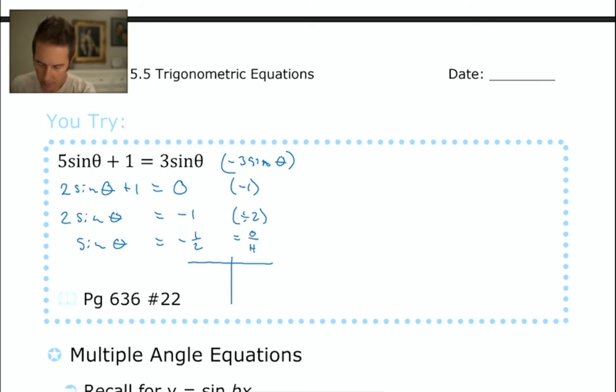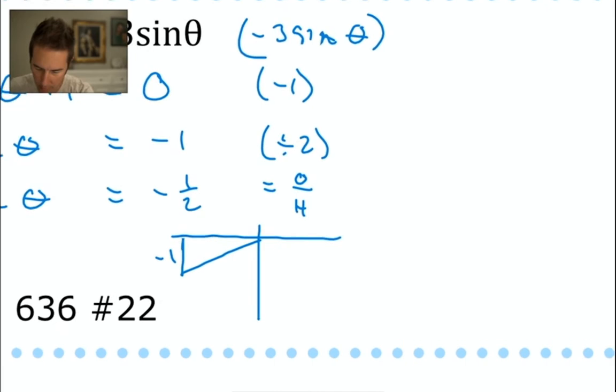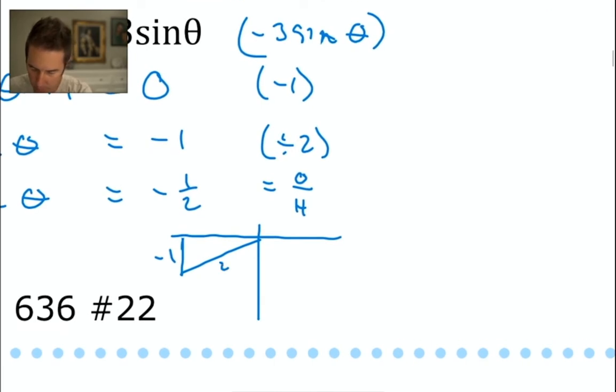So the opposite's going to be the negative 1, and the hypotenuse is going to be the 2. So there's a negative 1 and hypotenuse of 2. Let's come down here into the 4th quadrant, get that opposite side of negative 1, hypotenuse of 2, and the reference angle that's inside of here is, since it's opposite the side length of 1 in our 30, 60, 90 triangle, that's a pi over 6.